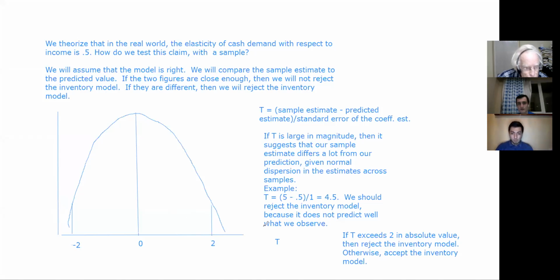So to see this, let me go back to the whiteboard for a second. It turns out that if the model is correct, the inventory model in this case, then there is only a probability of 5% that we would observe a value of t in magnitude that is bigger than 2.